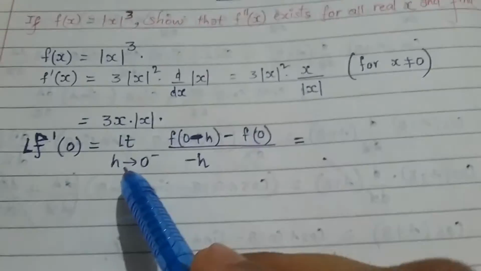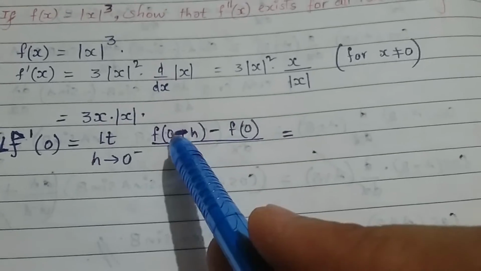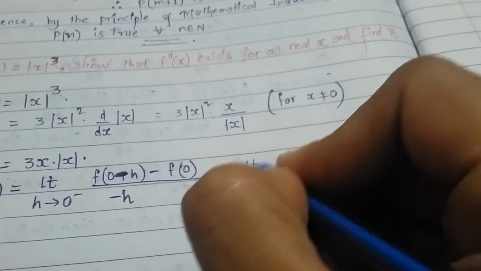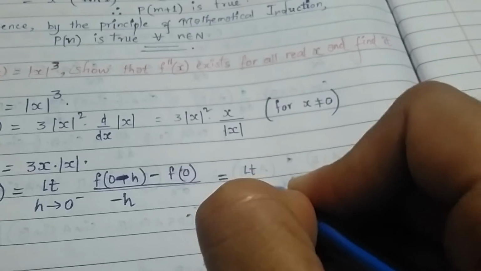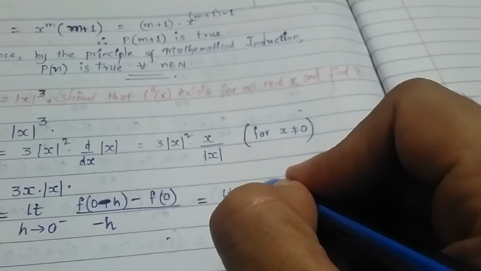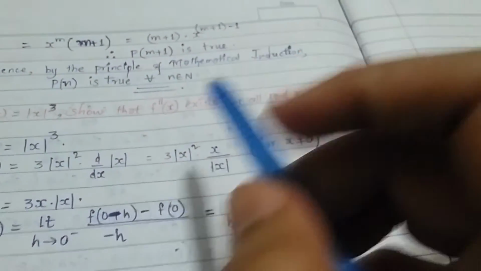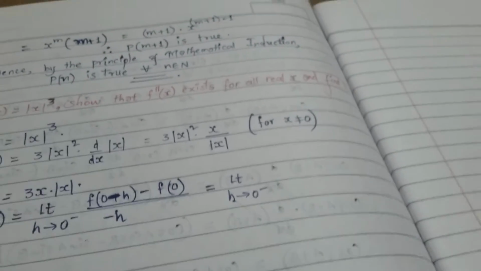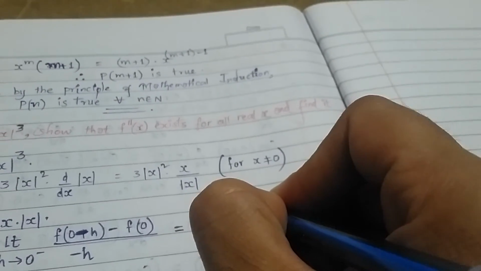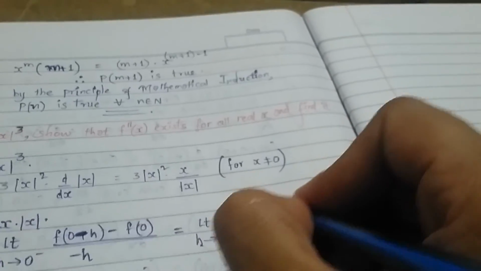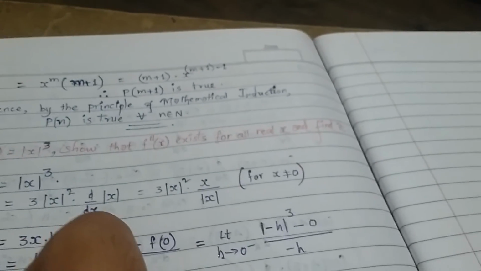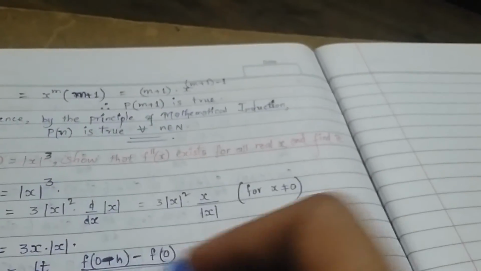See here, left hand differentiability: limit h tends to 0 minus, f of 0 minus h minus f of 0 by minus h, which is equal to limit h tends to 0 minus, f of minus h becomes minus h whole cube, minus f of 0, which is 0 here, by minus h.